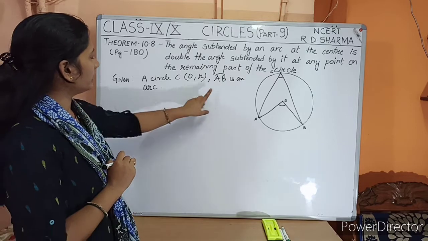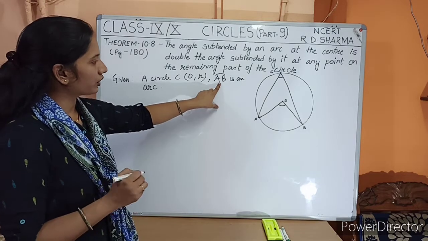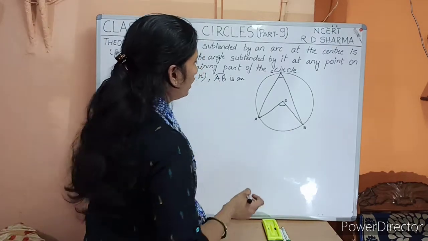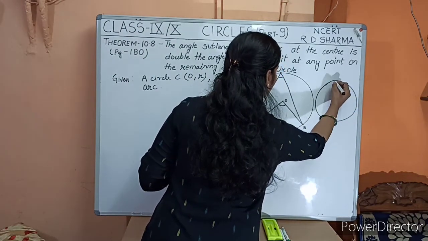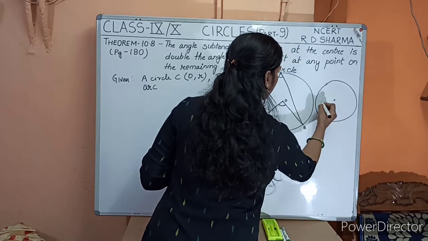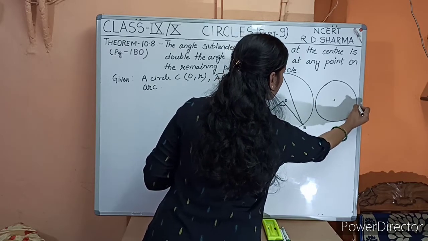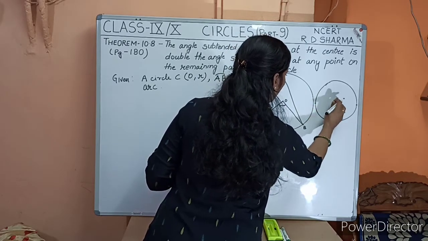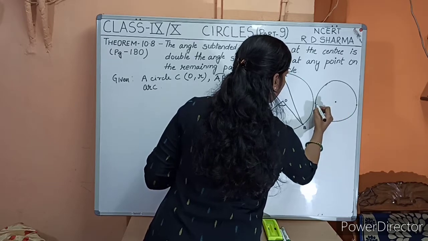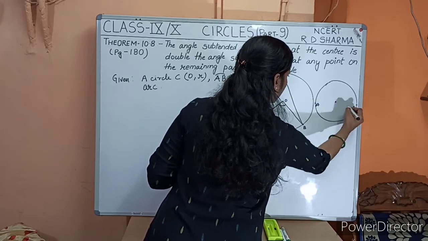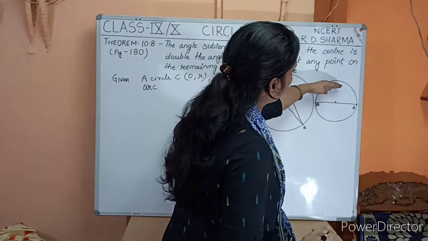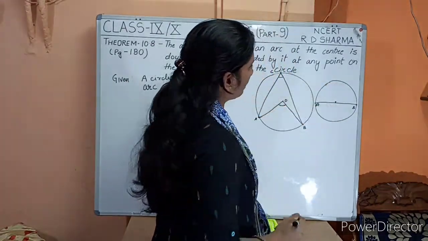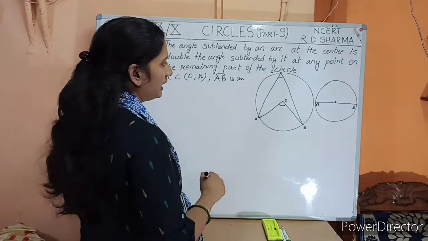AB could be the minor arc, or AB could be the semicircle, meaning equal, like A and B. In this case the upper part of the circle and the lower part of the circle are both equal.